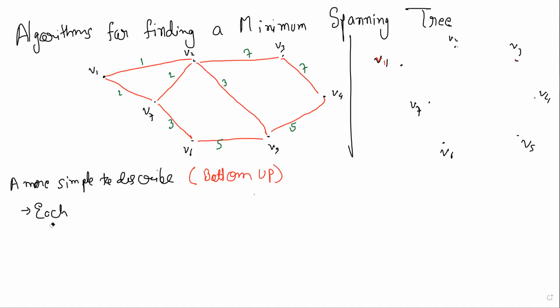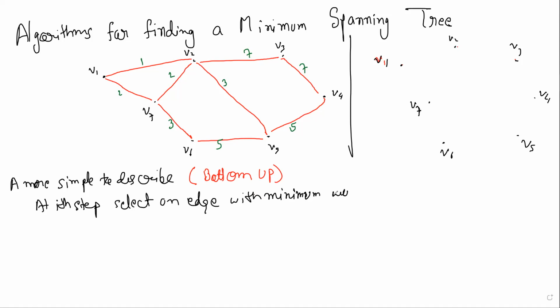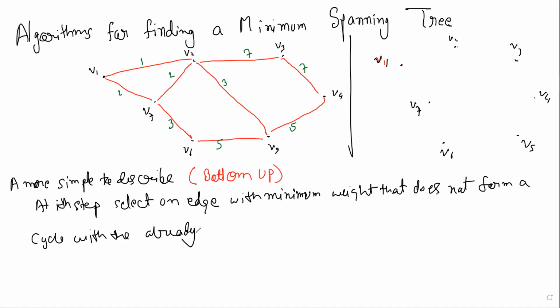At the ith step, select an edge with minimum weight that does not form a cycle with the already selected edges.